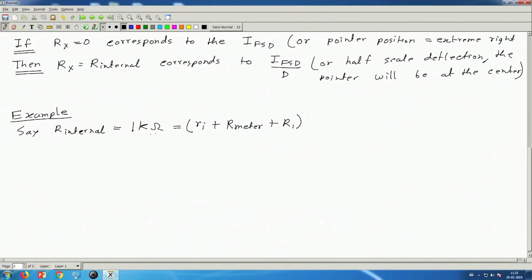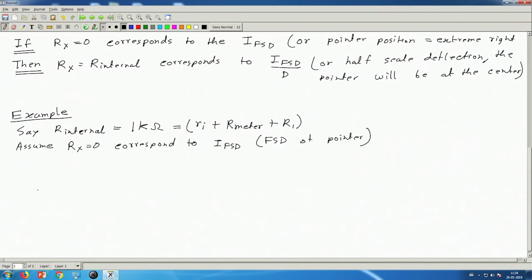Say this is equal to 1 kilo ohm. And assume that the condition Rx equal to 0 corresponds to IFSD, full scale deflection of the pointer.